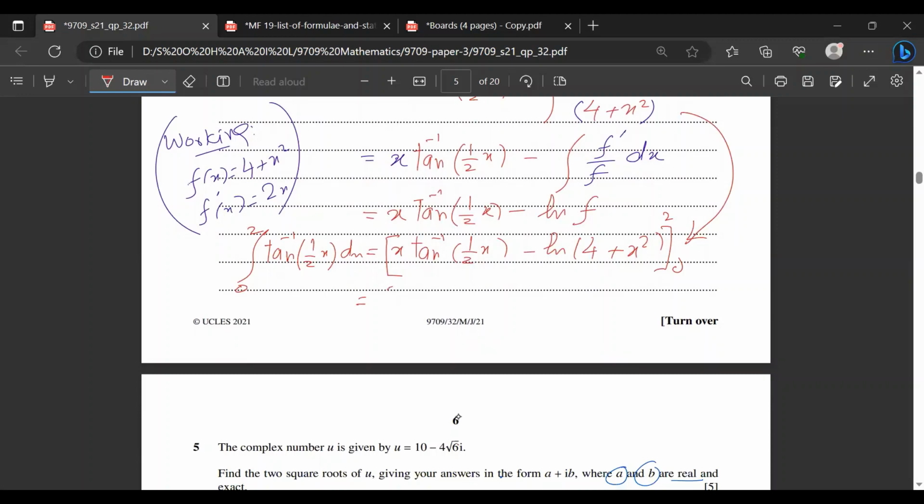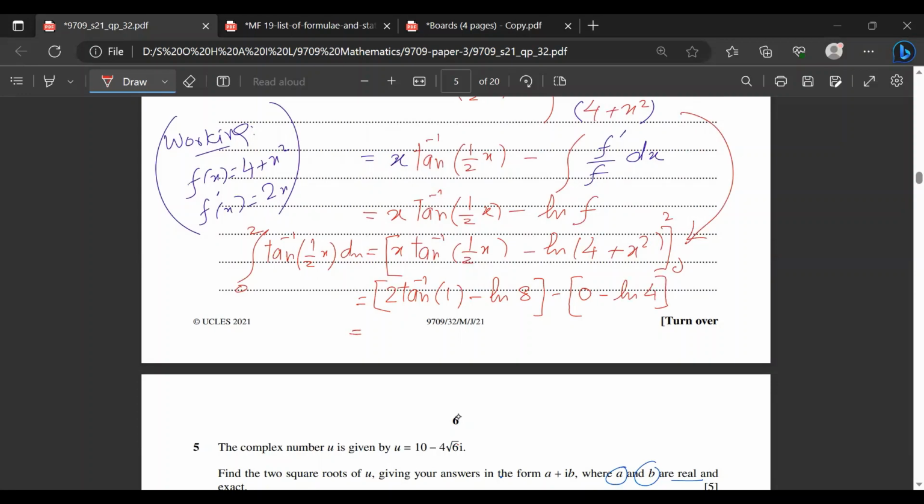The upper limit is 2 tan inverse of 2 over 2, which is 1, minus natural log of 4 plus 4, that is 8. This is how you can apply the limits, upper limit minus the lower limit. The lower limit would be 0, because 0 times tan inverse of 0 is 0, minus natural log of 4 plus 0, which is 4.